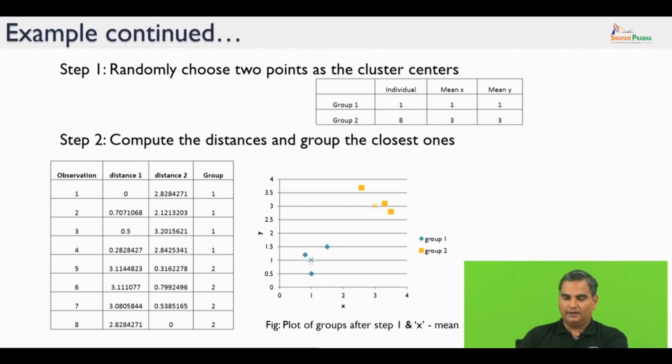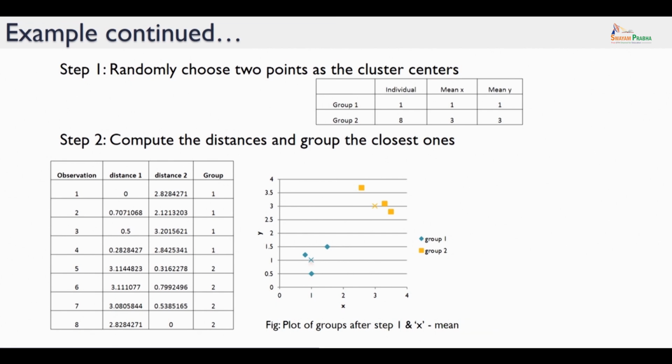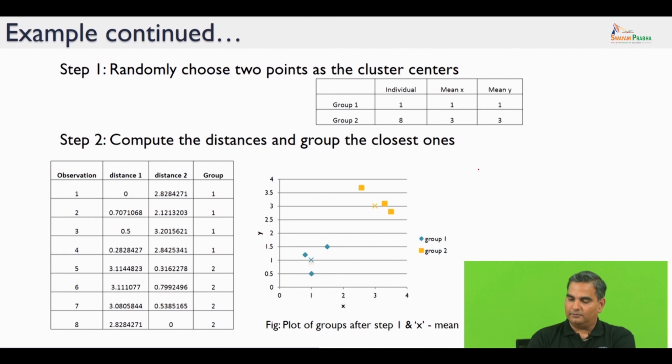So for example, let us say we randomly choose 2 points as cluster centers. Let us say one point that we have chosen is 1 1, which would be this point here, and let us assume this is group 1, and for group 2 we choose point 3 3, which is here.